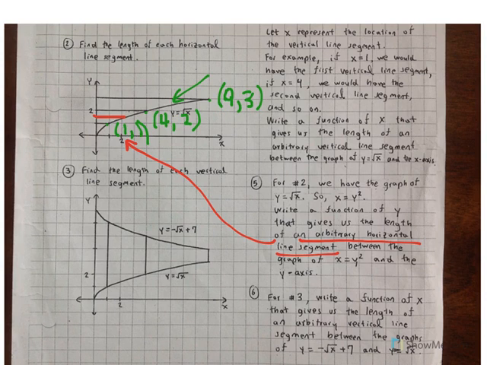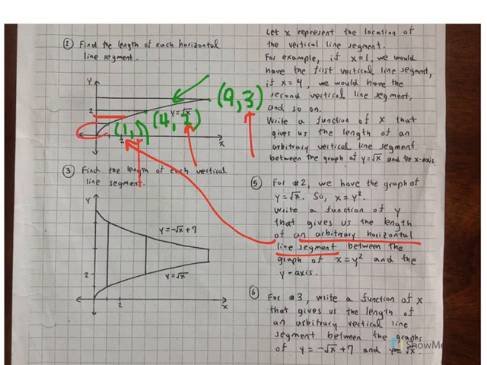First of all, how do we indicate where our arbitrary horizontal line segment is? To understand how we do that, you can look at the 3 horizontal line segments that were shown in number 2. You can make the observation that the location of a horizontal line segment can be indicated by looking at the y coordinate of an endpoint.